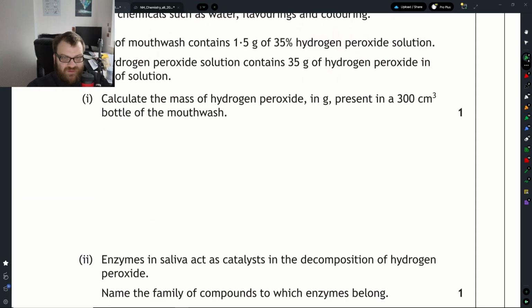This question, we're told information about a solution. We are first of all told that a 35% solution means it's got 35 grams in 100 centimeters cubed of solution.